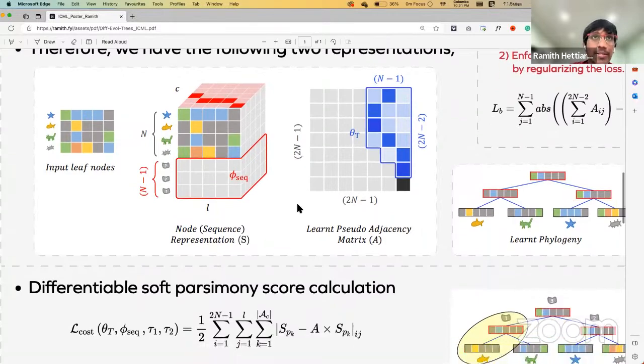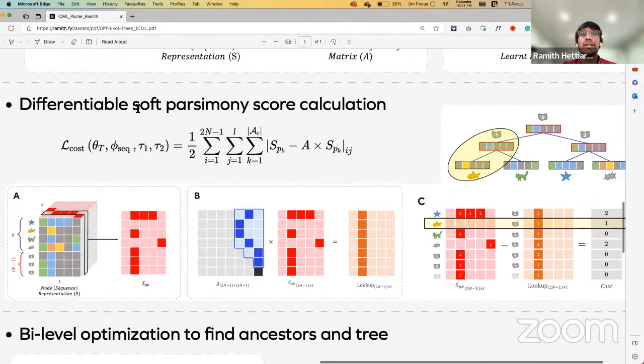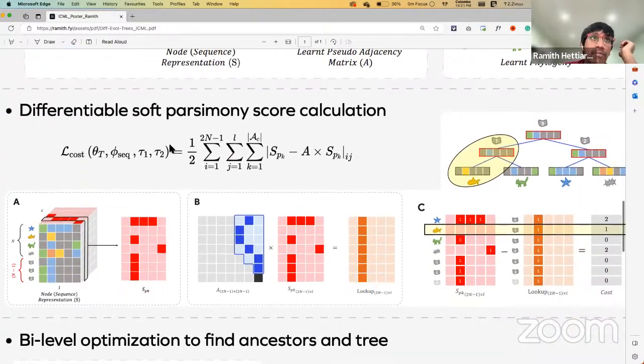We need to find a cost function such that we can calculate the total number of evolutionary changes based on those two parameters. So I'll briefly explain what this cost function does. It turns out that using linear algebra operations, we can manipulate these two matrices in order to derive a cost function which is dependent on these soft relaxations.